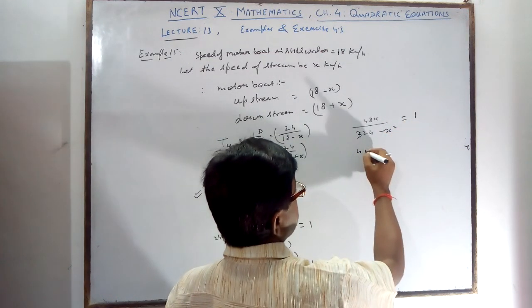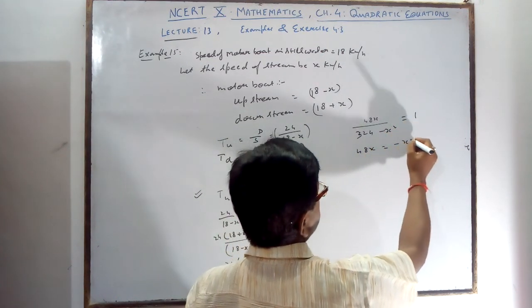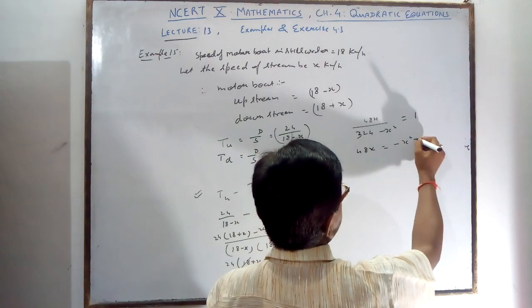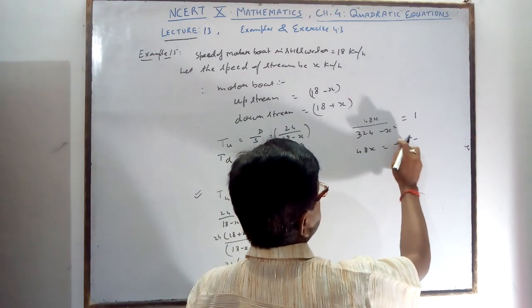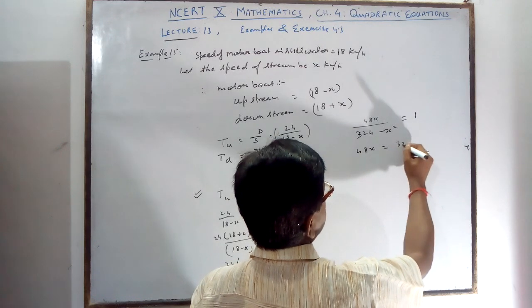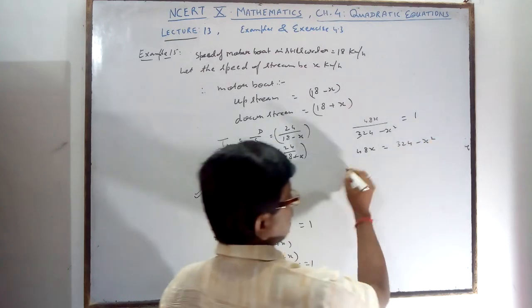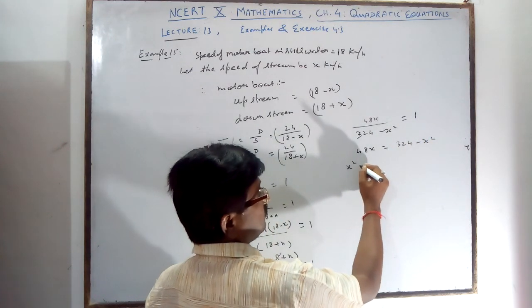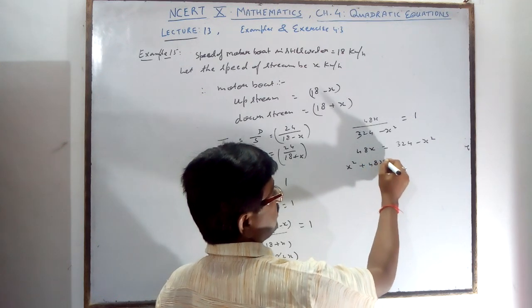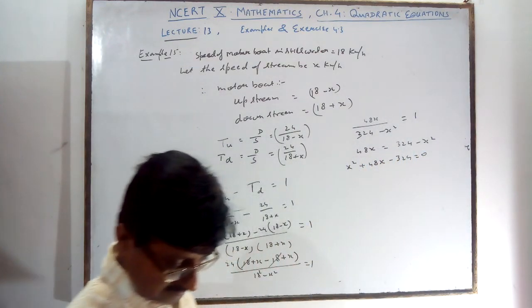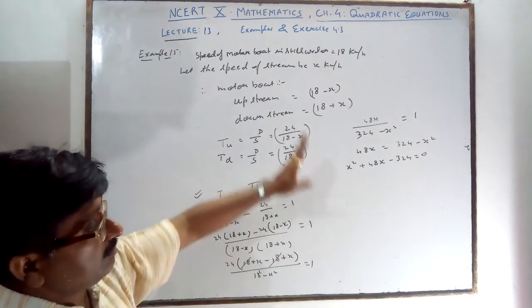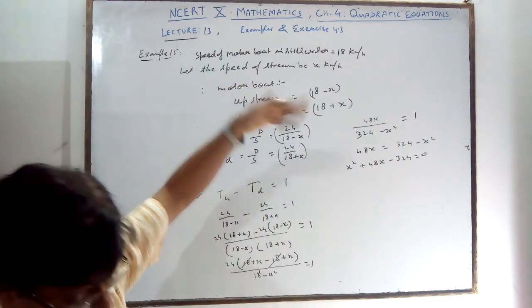So 48x is equal to, cross multiplying, 324 minus x square, applying a plus b, a minus b. Transpose this side: x square plus 48x minus 324 is equal to 0. Your equation is ready to solve by quadratic formula or by middle term.